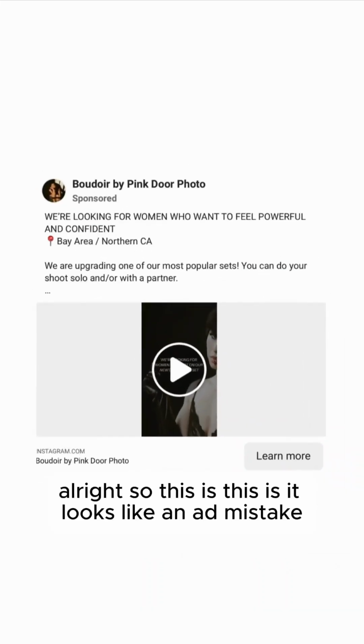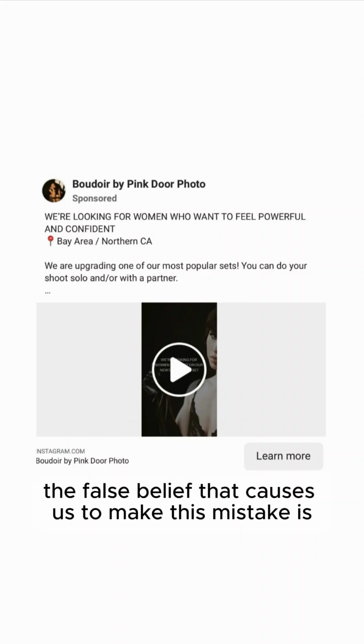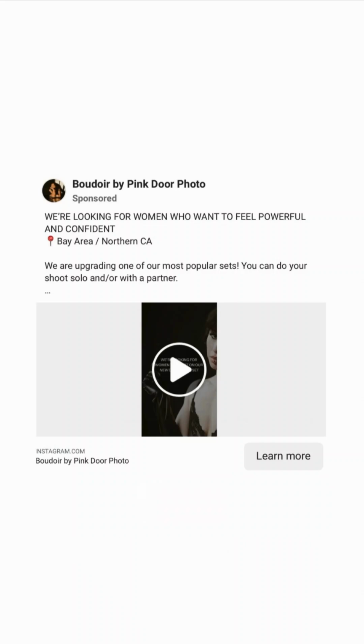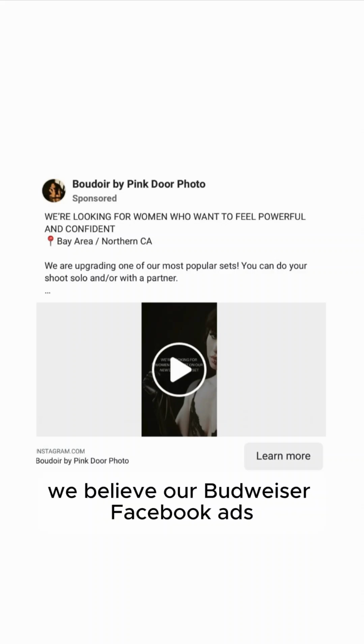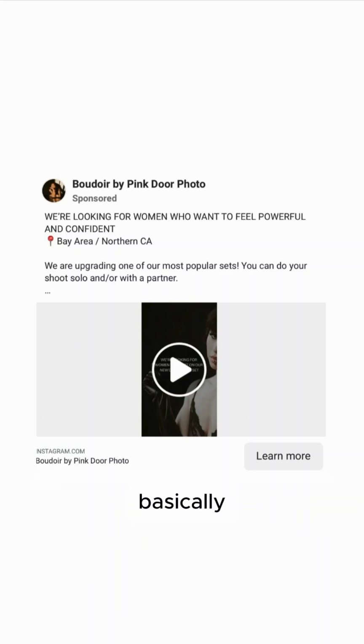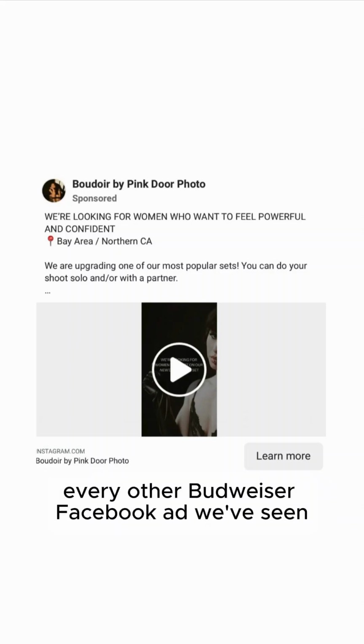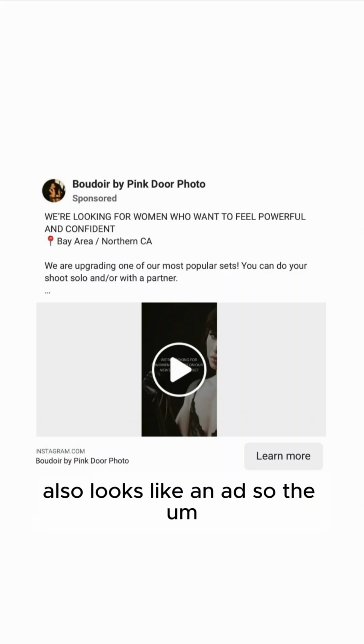All right, so this looks like an ad mistake. The false belief that caused us to make this mistake is we believe our Boudoir Facebook ads should look like ads, because we've seen other Facebook ads that look like ads. Basically every other Facebook ad we've seen looks like an ad, and basically every other Boudoir Facebook ad we've seen also looks like an ad.